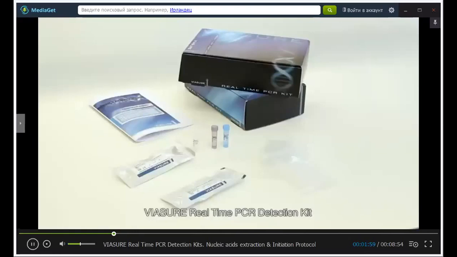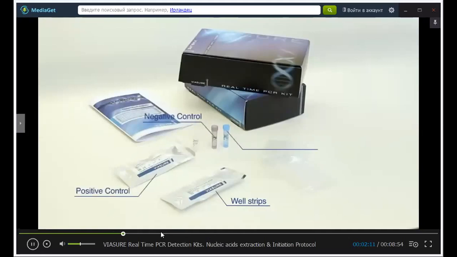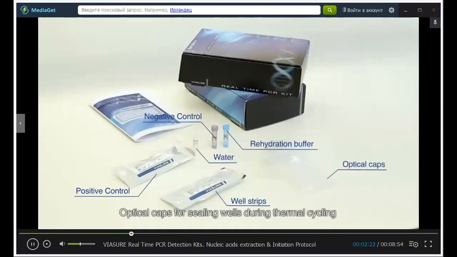The Reassure real-time PCR detection kit contains the following components: well strips with all the previous reagents in a stabilized format, positive and negative control, rehydration buffer to reconstitute the stabilized product, RNase- and DNase-free water, and optical caps for sealing wells during thermal cycling.